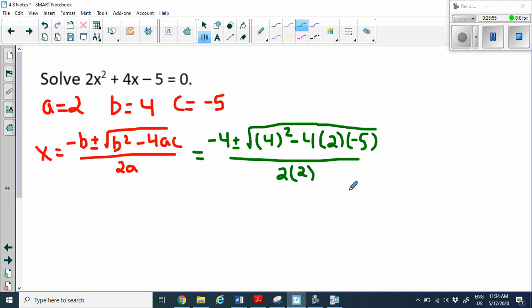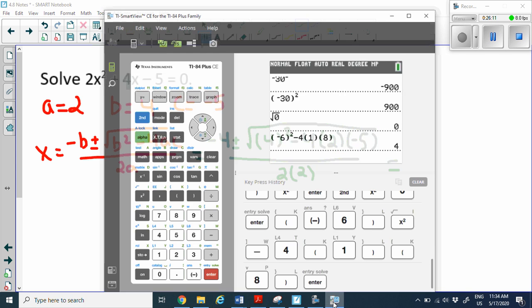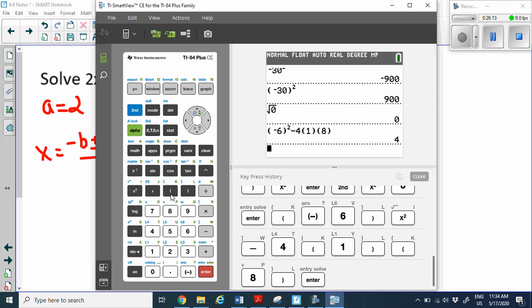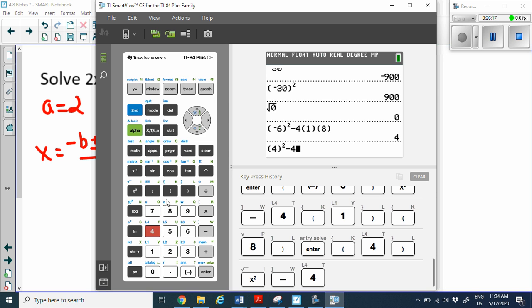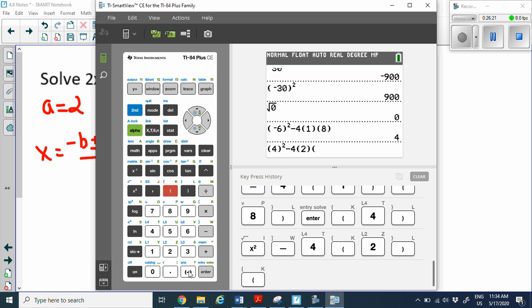Okay, now I want you to pause the video again and plug what's underneath the radical sign into your calculator. Okay, let's go ahead and see if you got the same thing as I did. So we have parentheses 4 squared minus 4 parentheses our A value, which is 2, and then our C value.